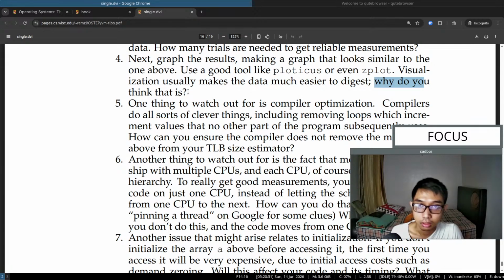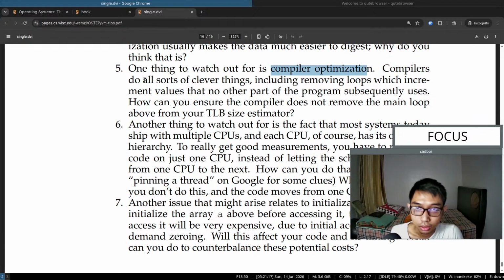Why do you think that is? Maybe because we can see the pattern easier when using visualization. One thing to watch out for is compiler optimization.